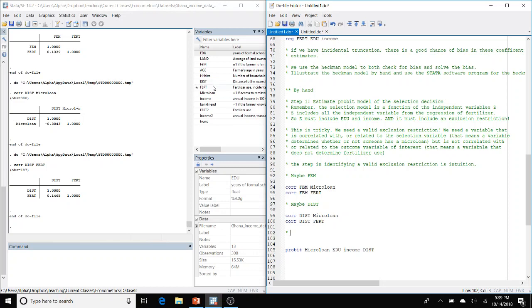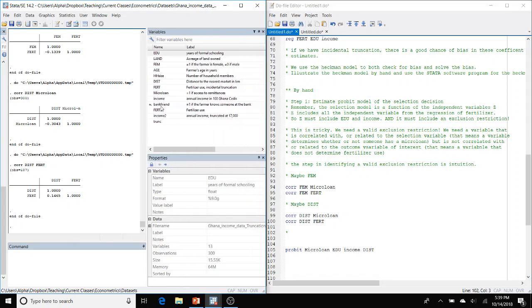So let's think fertilizer. That's our variable. Microloan, well, that's our selection variable, so that doesn't work. Income is one of our independent variables, so that doesn't work. Okay, what's this variable here? Bank friend. Bank friend equals 1 if the farmer knows someone at the bank. Let's think about that variable.